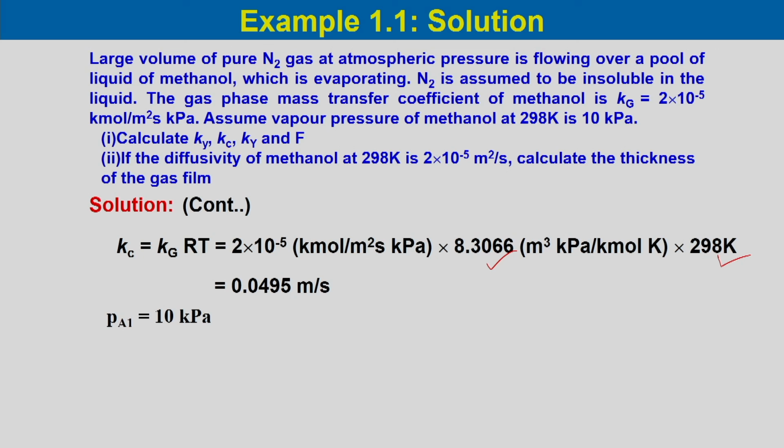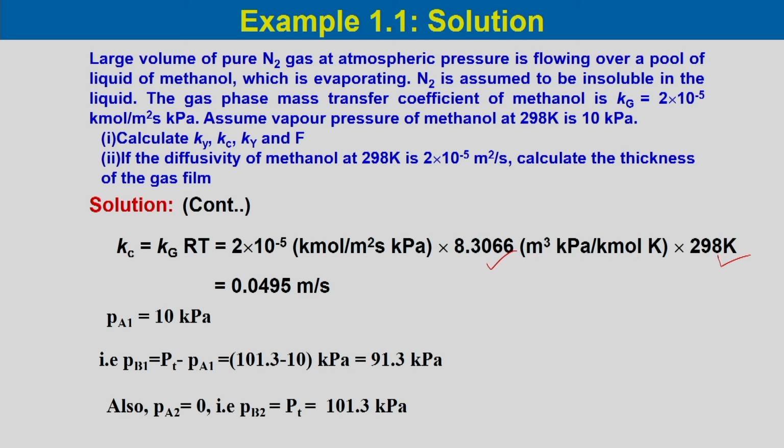So, the partial pressure of component A, that is methanol, is given as 10 kilopascal. So, we can calculate PB1 as PT minus PA1, which is 91.3 kilopascal, and PA2 is 0, that is PB2 would be equal to PT, which is equal to 101.3 kilopascal.